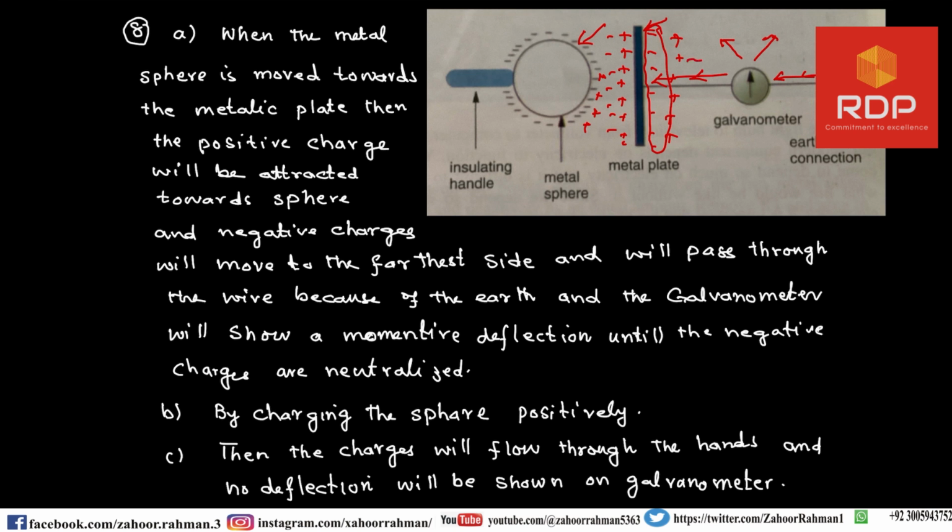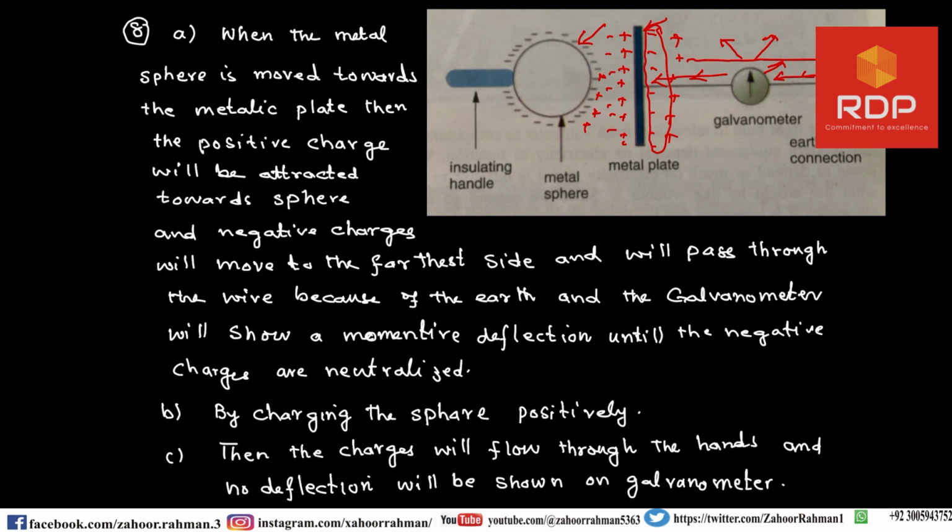Now these positive charges will move towards the earth to neutralize. So when the direction is changed, the direction of deflection will also change. When the metallic sphere is negatively charged, the galvanometer will show a deflection in one direction. When the metallic sphere is positively charged, the galvanometer will show deflection in another direction.